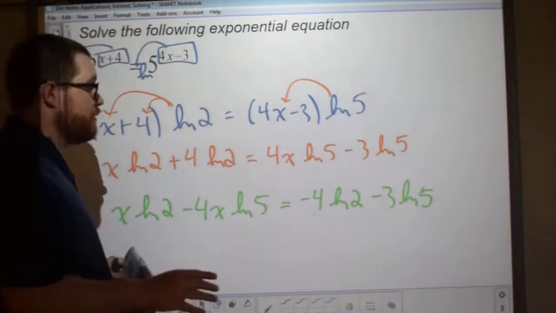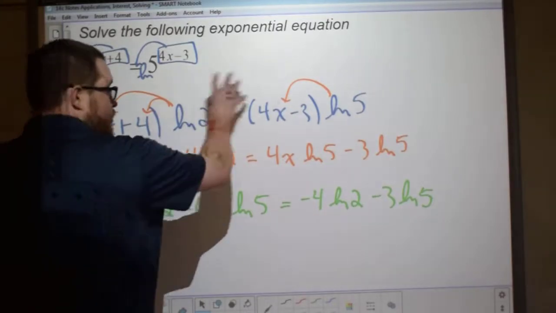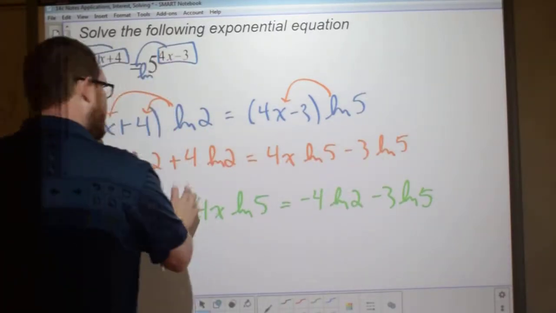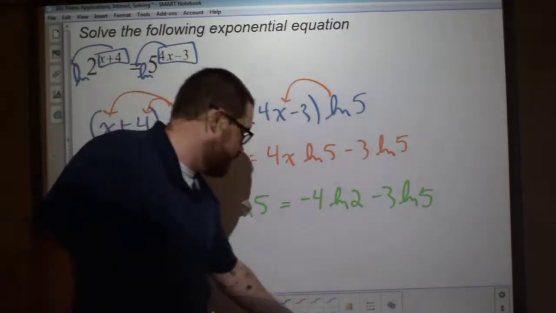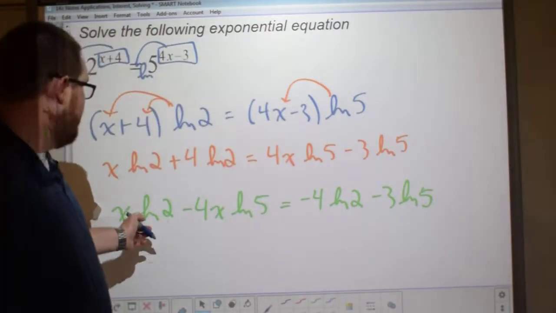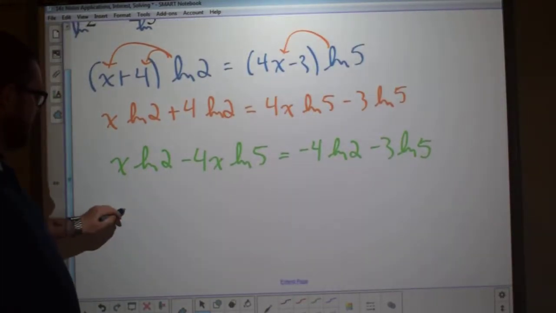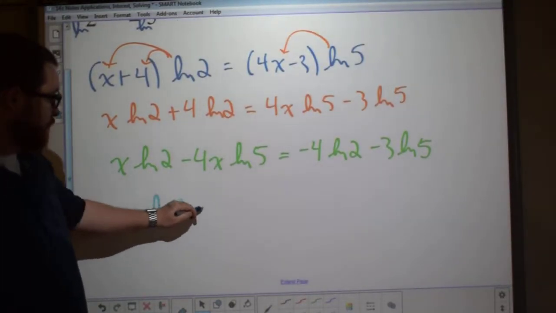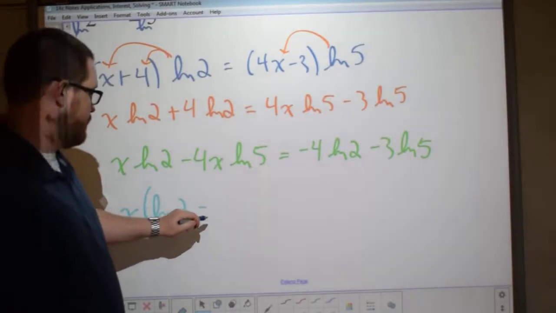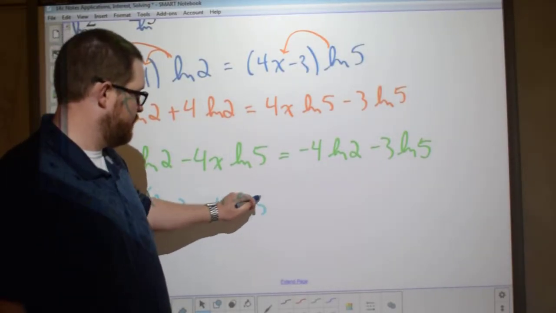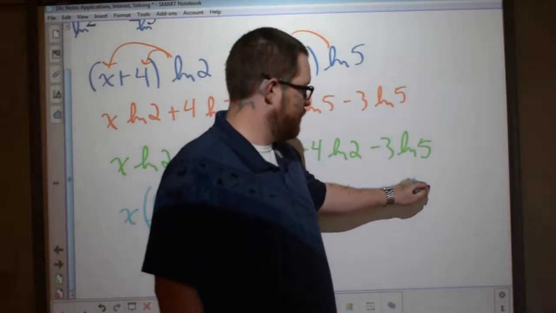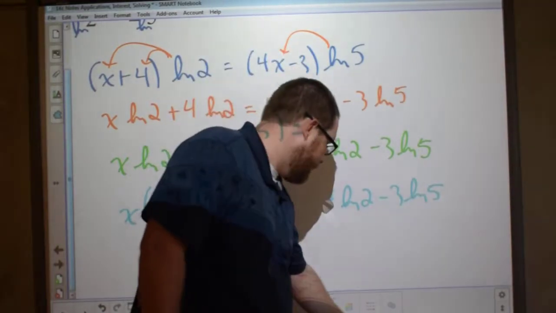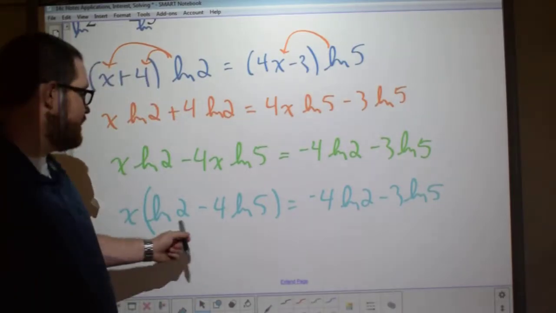Notice, this problem could have been done differently. I could have moved this x over here and this over here, and everything would have been positive. So there's two ways to do this problem, but you end up with the same answer. Both of these have an x in it, so I'm going to factor the x out. And I want the x by itself, so I'm going to divide what's in parentheses over.